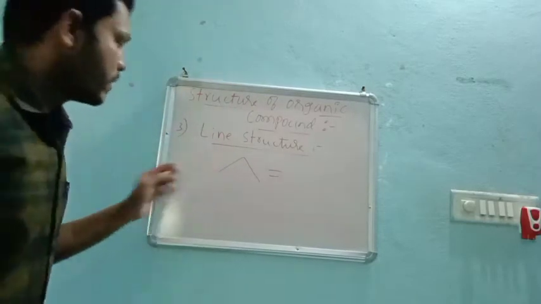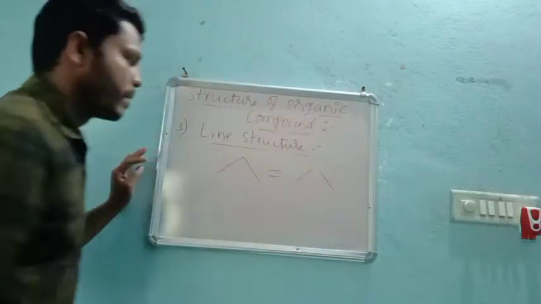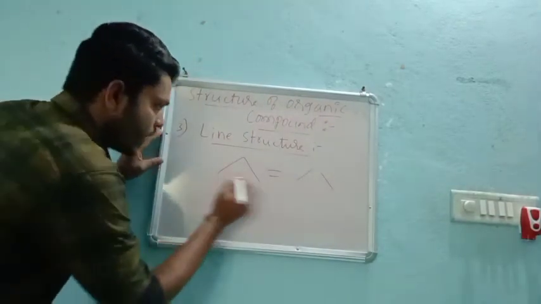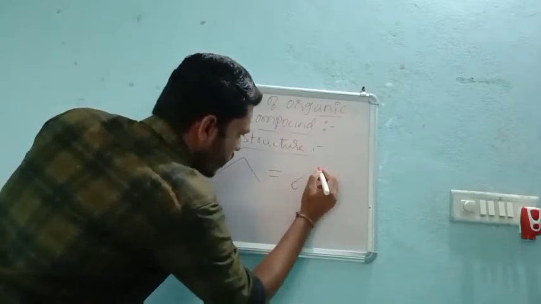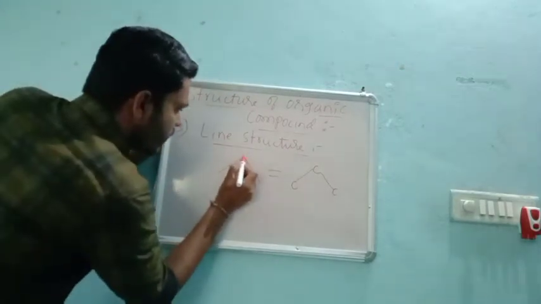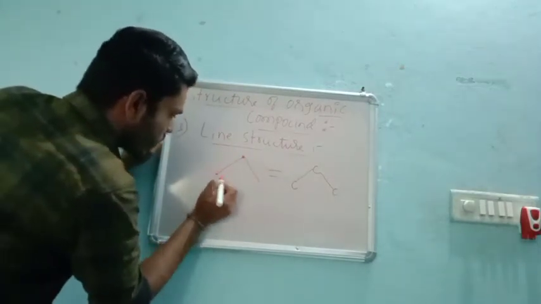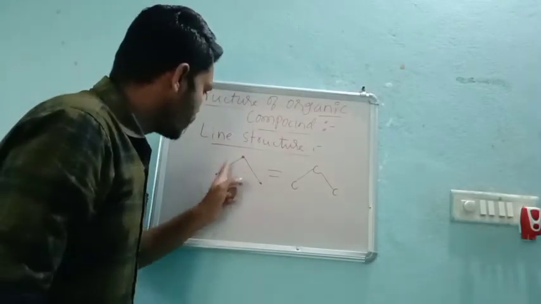See, this is our compound. Consider these points to be carbons. In this particular compound, we come across 3 points: 1, 2, 3.